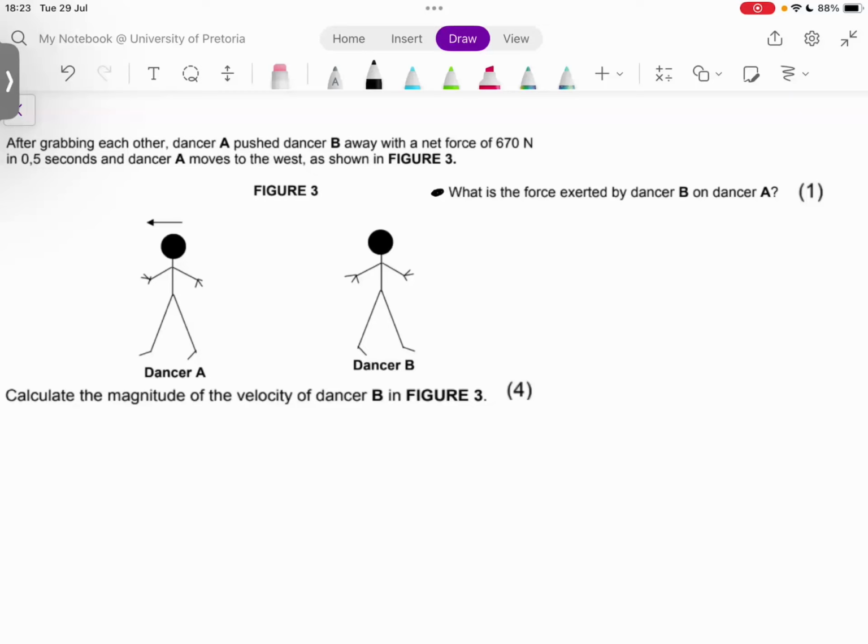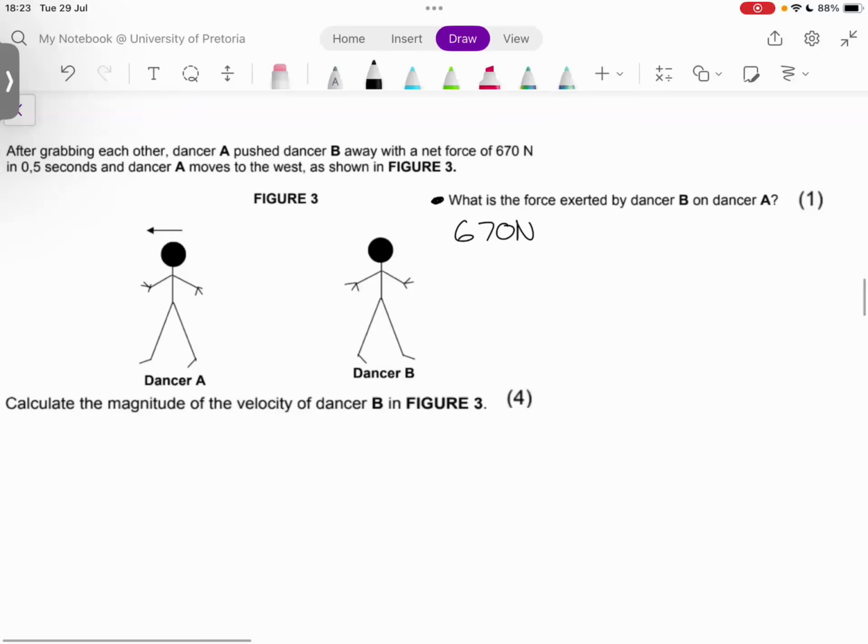The net force in this case would be, the magnitude is 670 newtons. We just have to determine the direction.